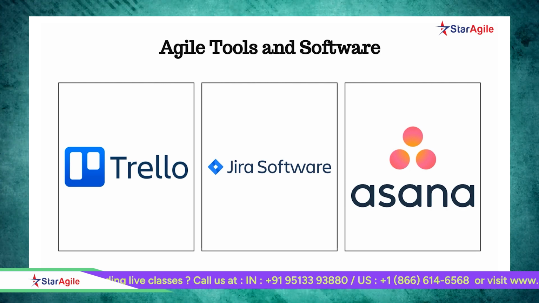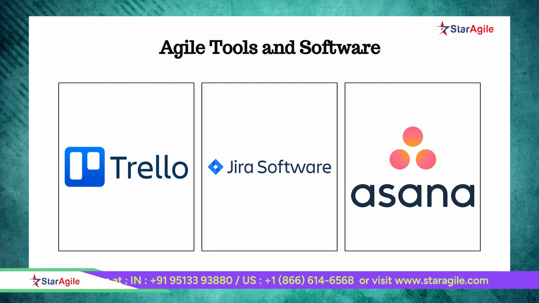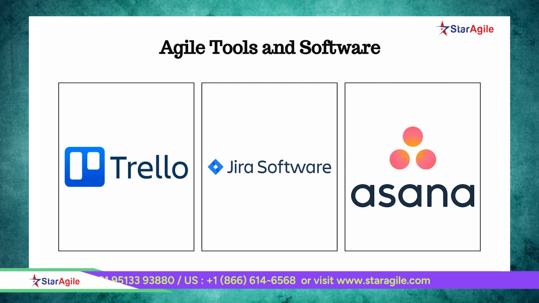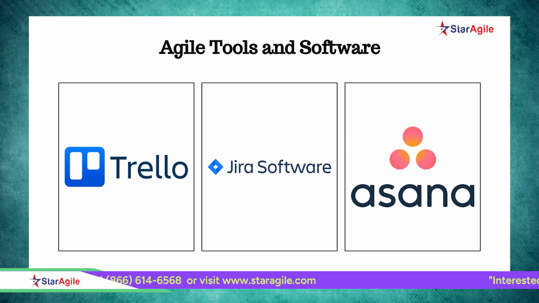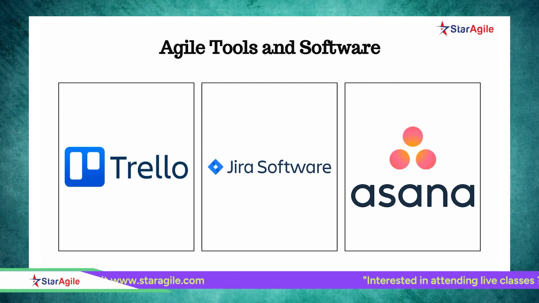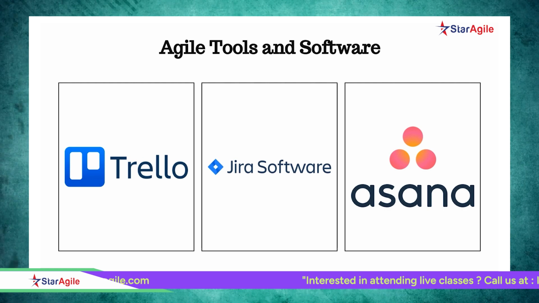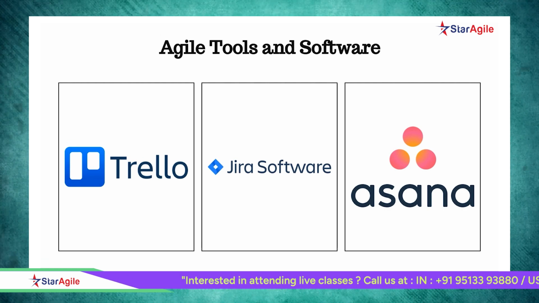Asana is a project management tool that helps teams organize, track, and manage their work, offering features like task assignments, timelines, and progress tracking. These tools support agile methodologies by enabling efficient planning, tracking, and collaboration.